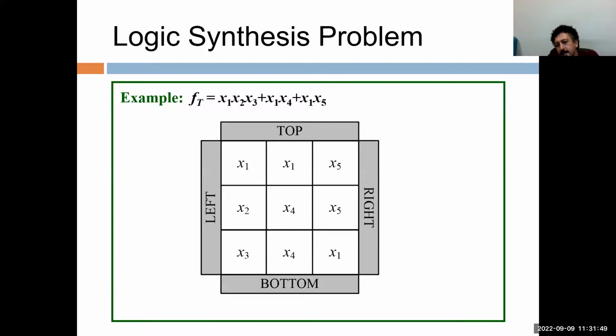Meaning that you cannot solve this problem with a try and check type algorithm, or with an algorithm that randomly generates some lattices and assigns variables. Not that easy. It's a very challenging problem, because the number of paths grows exponentially with the number of products in the function.